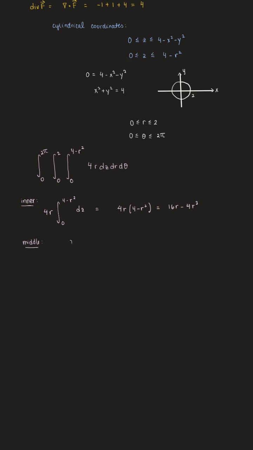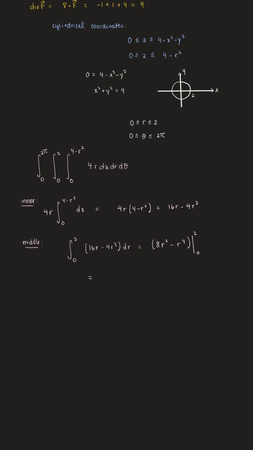That will be the integral from 0 to 2 of 16r minus 4r cubed dr. And so this will be 16r squared over 2, or 8r squared, minus 4r to the 4 over 4, which is minus r to the 4, from 0 to 2.